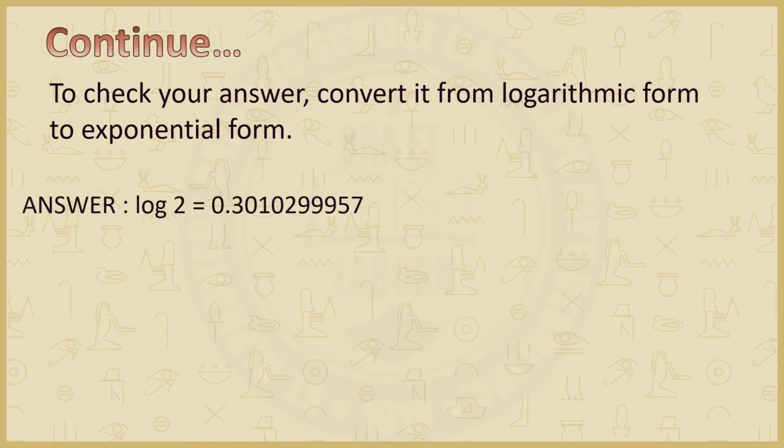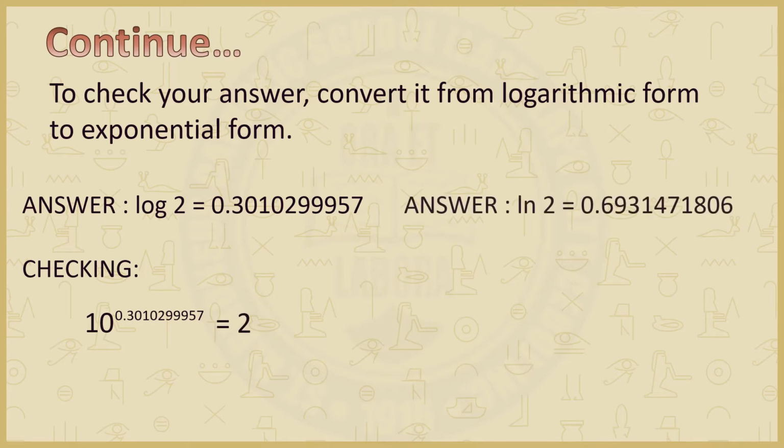To check your answer, convert it from logarithmic form to exponential form. Our answer earlier, we have the common logarithm of 2 is equal to 0.3010299957. So for the checking, we are going to consider 10, because the base of the common logarithm is 10, raised to 0.3010299957 equals 2.